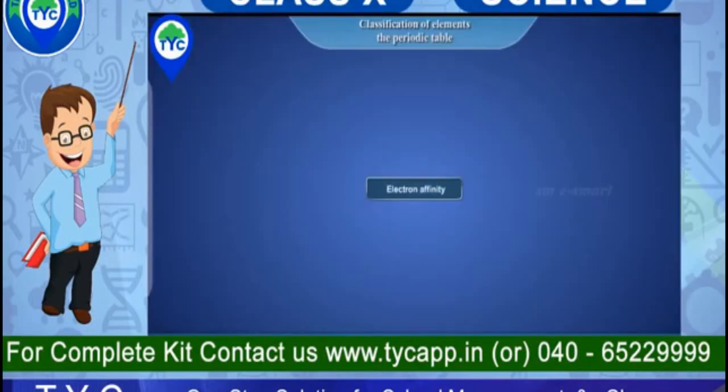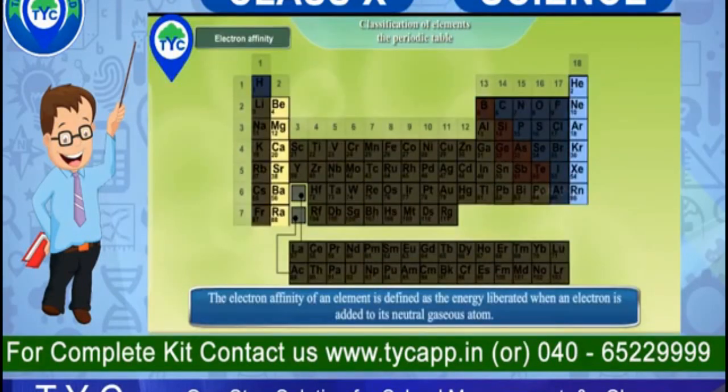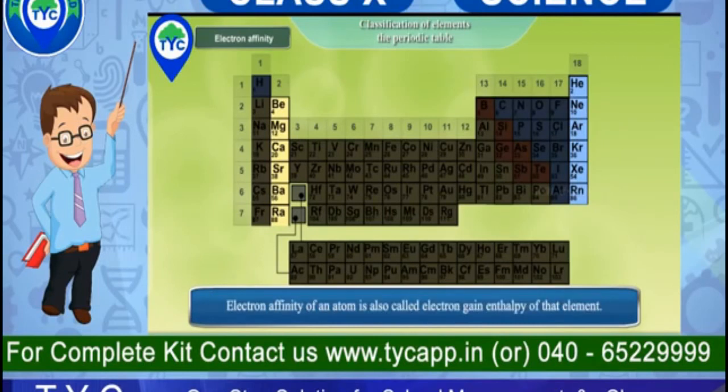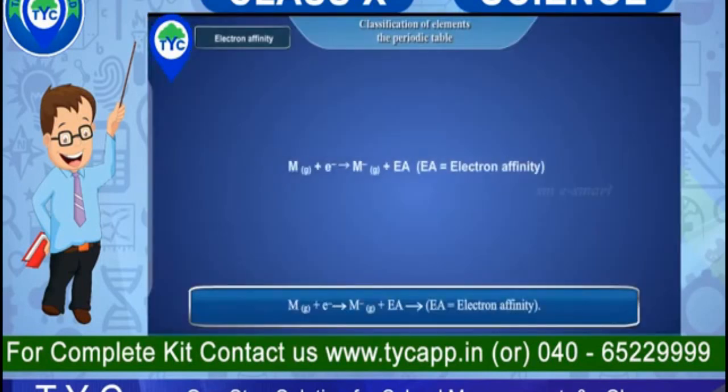Electron affinity. The electron affinity of an element is defined as the energy liberated when an electron is added to its neutral gaseous atom. Electron affinity of an atom is also called the electron gain enthalpy of that element. M(g) plus e minus gives M minus (g) plus Ea.